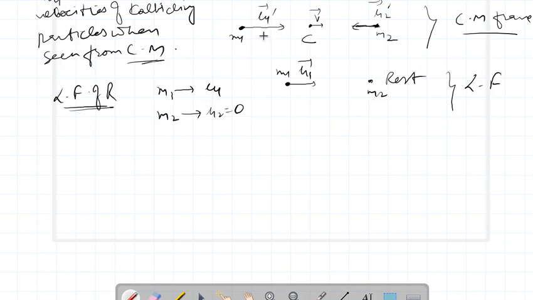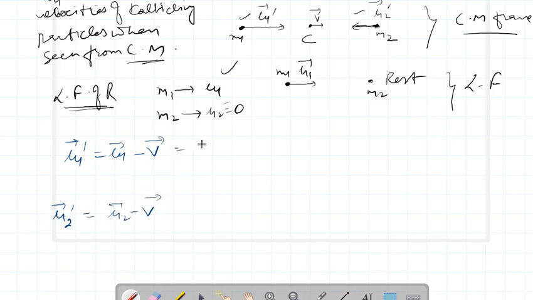But if I compare u1 and u1 prime and u2 prime and u2, then they are related as I discussed in the previous lecture, that u1 prime must be equal to u1 minus v. V is the velocity of the center of mass, and u2 prime is equal to u2 minus v.